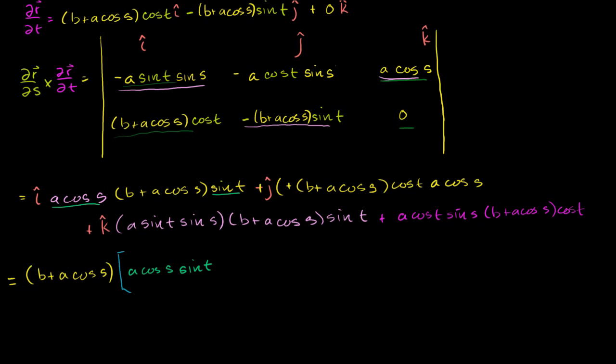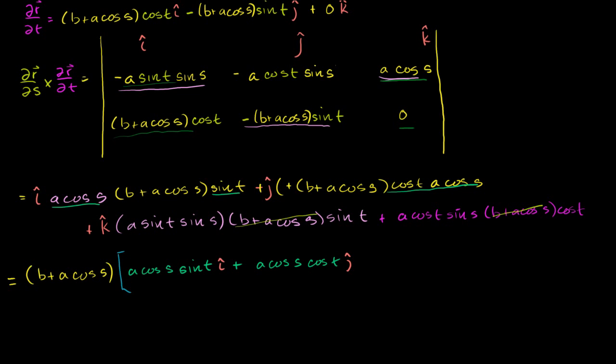You're not used to seeing the i before it, so I'm going to write the i here. And then plus, we're factoring this out, so you're just left with a cosine of s cosine of t, putting it in the same order as that, times the unit vector j.